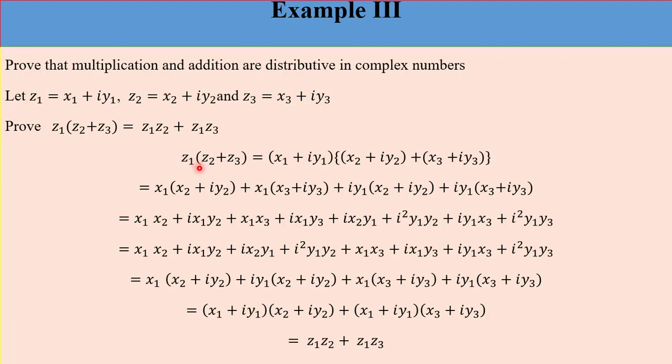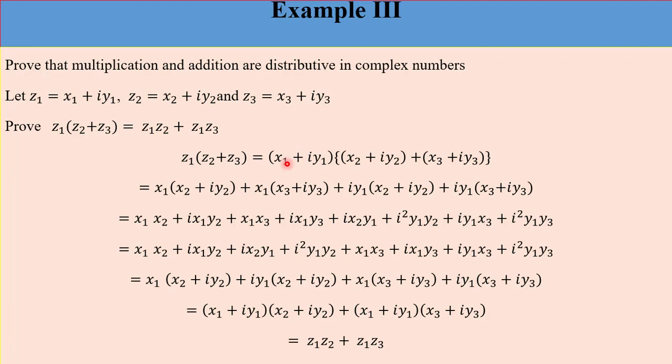So we are required to show that if you have three complex numbers, then this equation is true. We can begin from the left hand side by saying that z1 into z2 plus z3 is equal to, we substitute z1, which is x1 plus iy1, into z2 plus z3, which would be x2 plus iy2 plus x3 plus iy3.